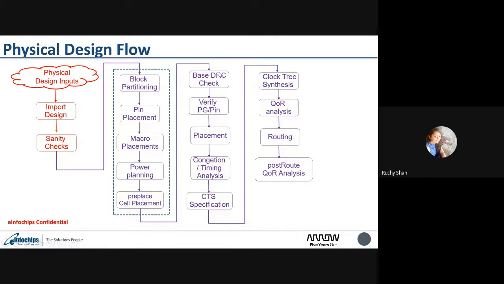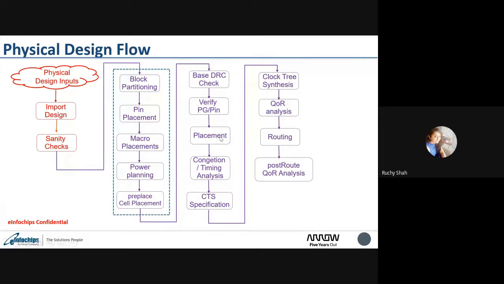In earlier nodes, we didn't do the BEOL DRC at this stage, but from 7 nanometer onwards, we have to do the BEOL DRC here, because there are lots of violations coming in the poly layers. So we fix the BEOL DRC once our macros are placed, followed by verifying the PG pins, whether there are any shorts, whatever. We build the power planning here and do the pin placement, so we verify once here.